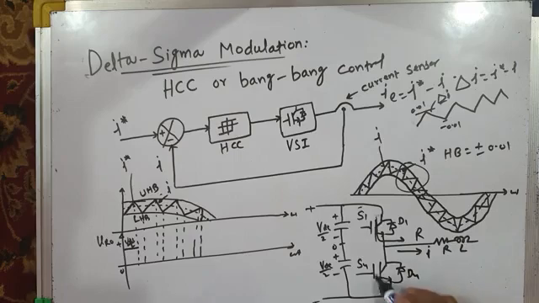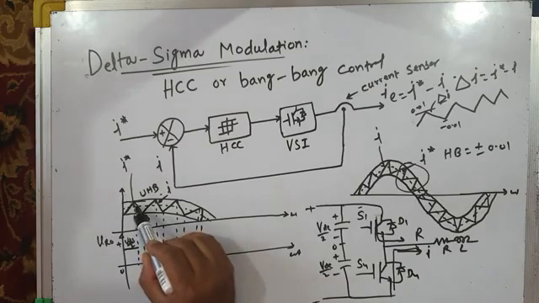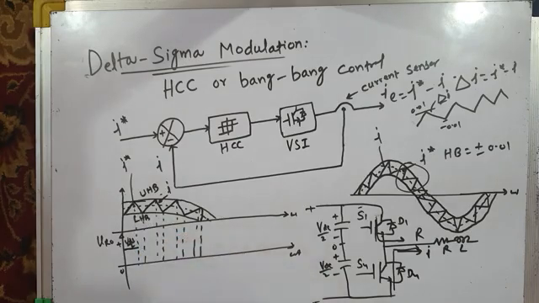But S4 cannot conduct, as I have told you in the previous lecture also, because current is positive. So instead of S4 conducting, D4 will conduct. Therefore the load inductance will start releasing the energy. And when load inductance releases the energy, the current will start falling.